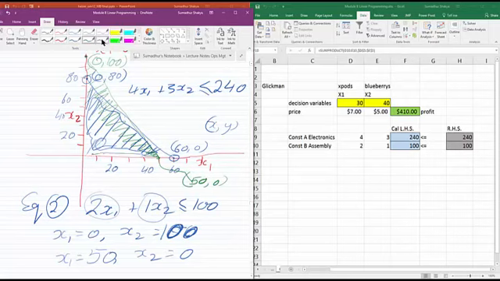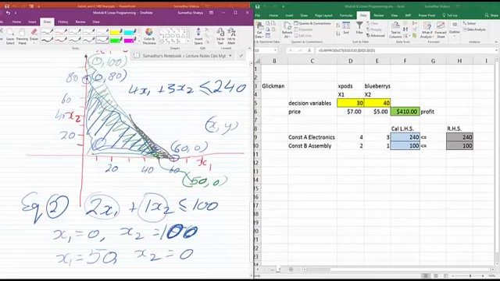Now if you notice, there is an area between this line and this line, which is towards the origin for the first equation, that is excluded when you also take into account the second constraint.